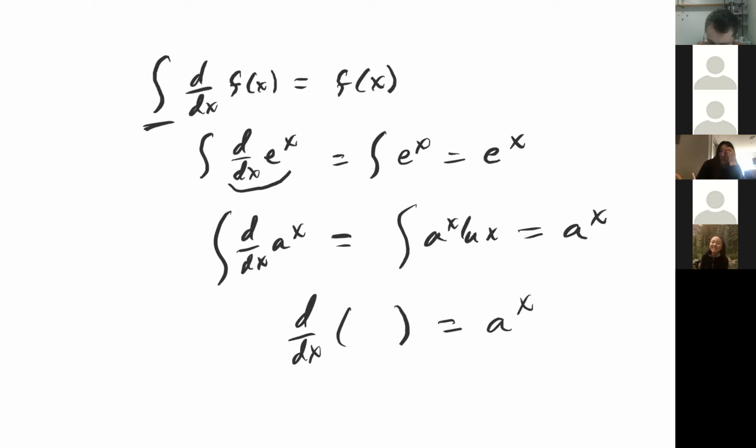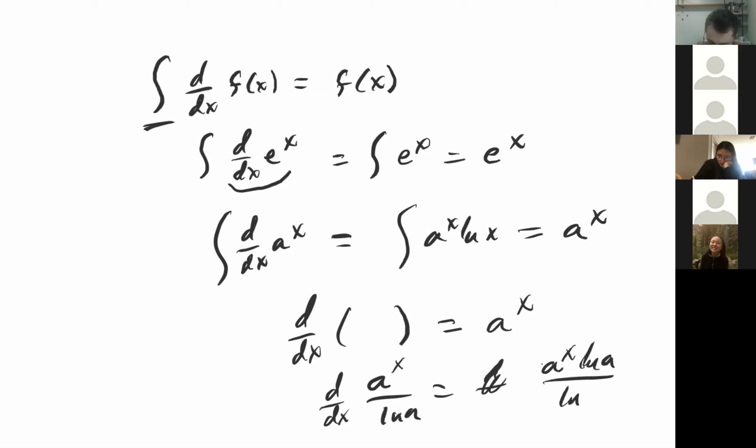And so the answer is pretty simple. It's just a to the x over ln a, because when we take the derivative, the bottom is just a constant. So then we end up with a to the x ln a over ln a, okay? And then these two cancel and you just get back a to the x.